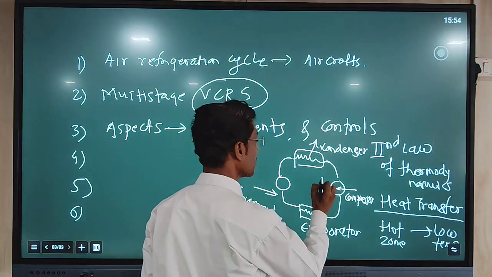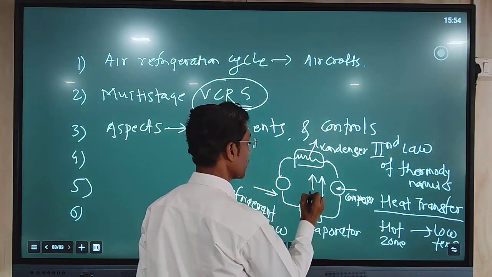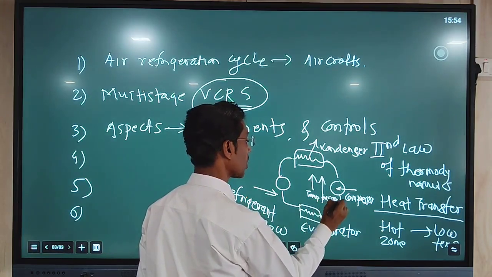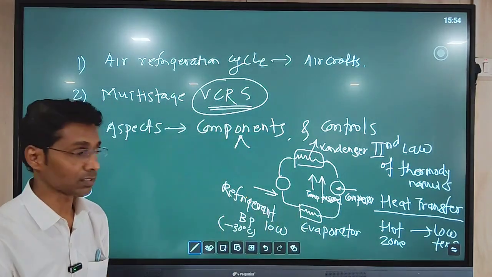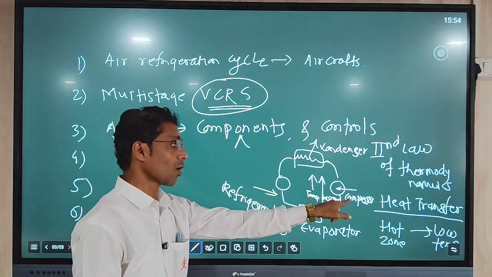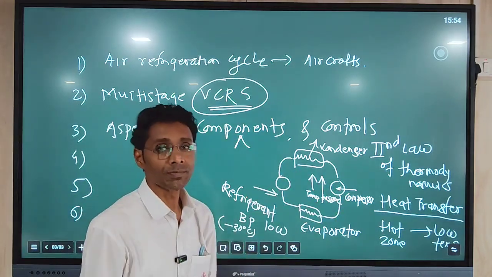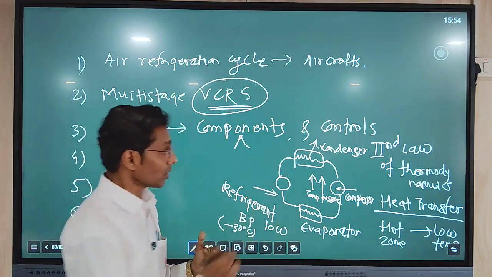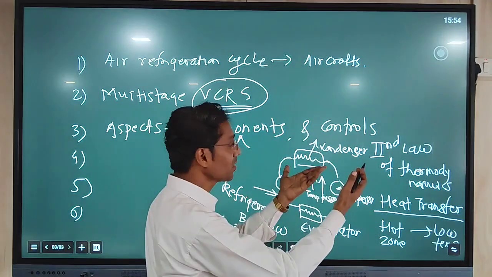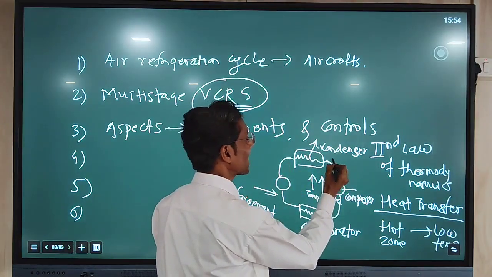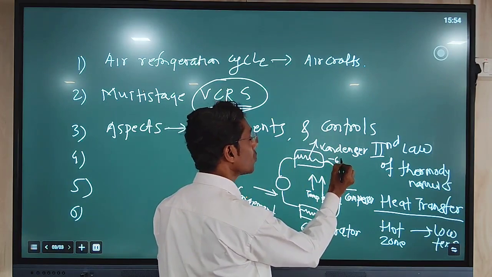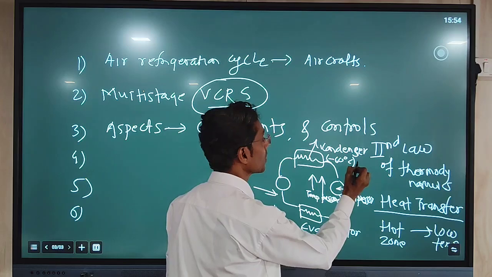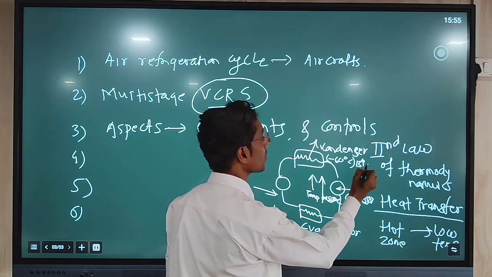So here in the compressor, temperature and pressure, these two properties of the refrigerant, are increased. Meanwhile, the compressor increases the thermal energy level of the refrigerant. When this thermal energy level is increased, the refrigerant is at more than 60 degrees Celsius temperature and about 15 to 20 bar pressure.